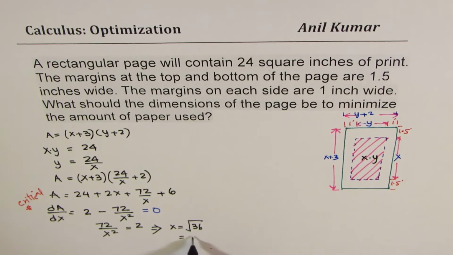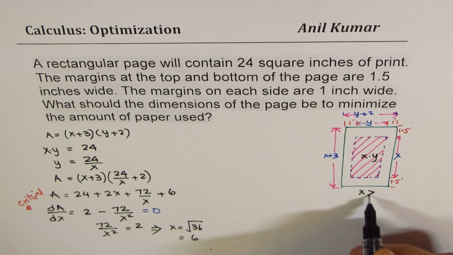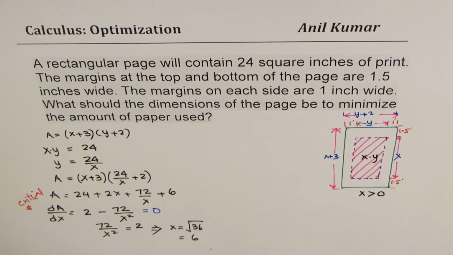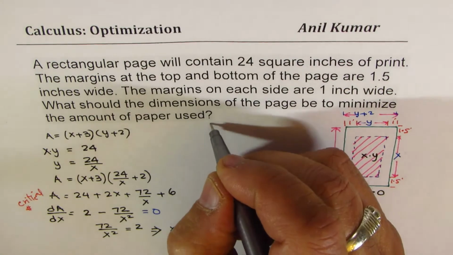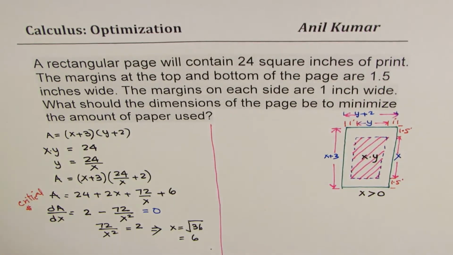So that could be plus or minus 6. We have dimensions, so we know x has to be greater than 0. So we'll take positive value 6 as our answer. Correct. So what we have done so far is figure out the critical number x.